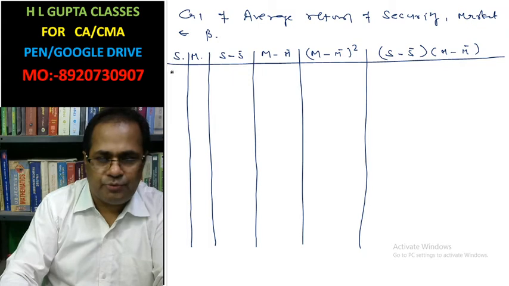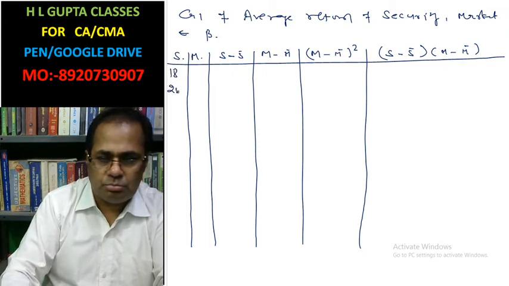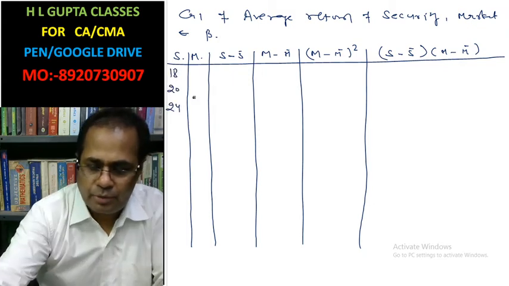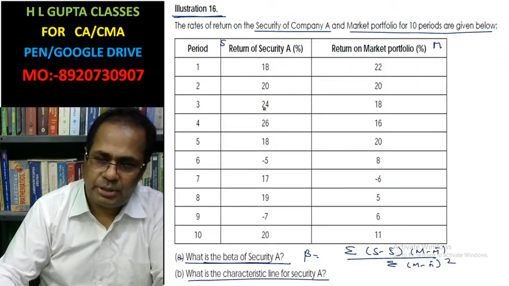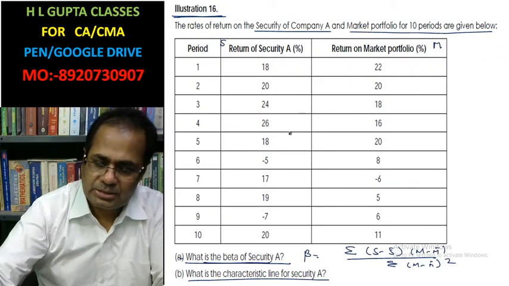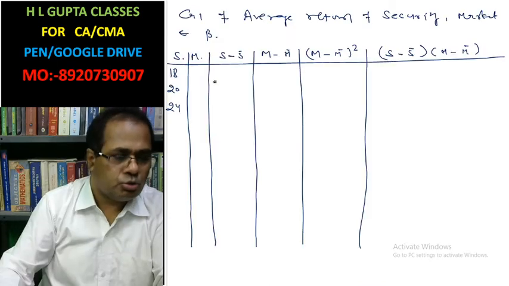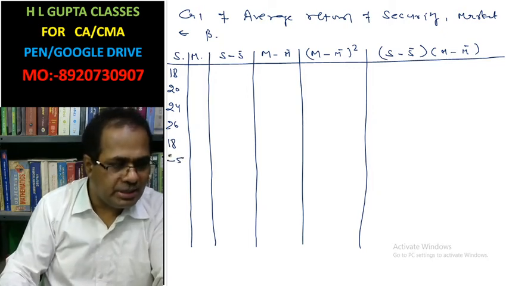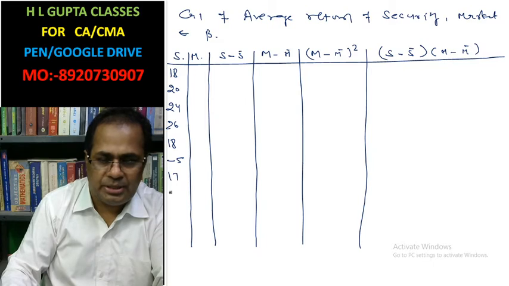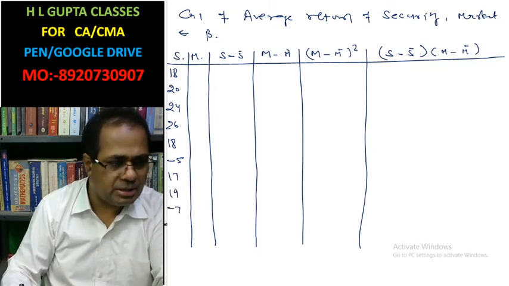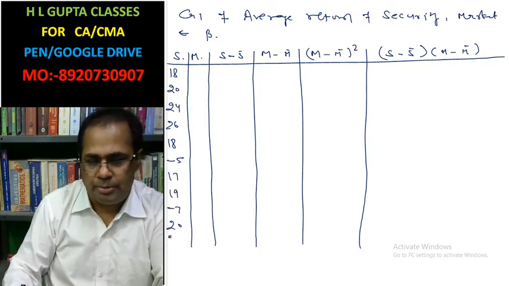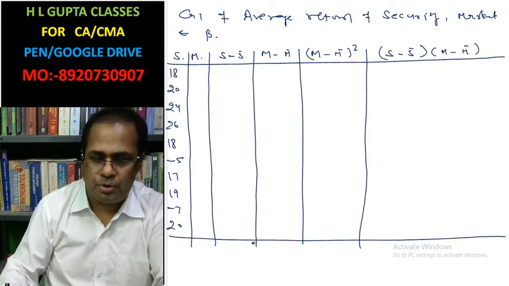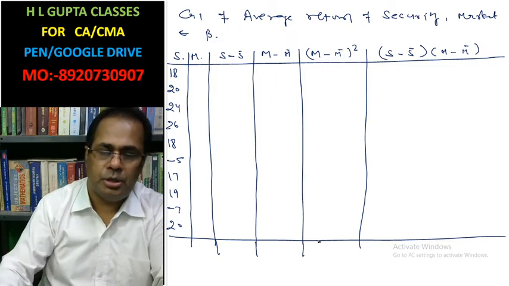Now what is the security? 18, 20, 24, 26, 18, minus 5, 17, 19, minus 7, 20. Okay, these are given. Now the market.